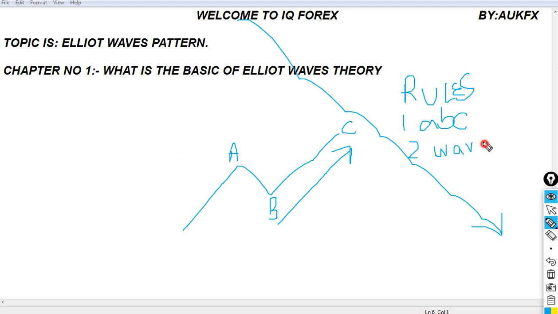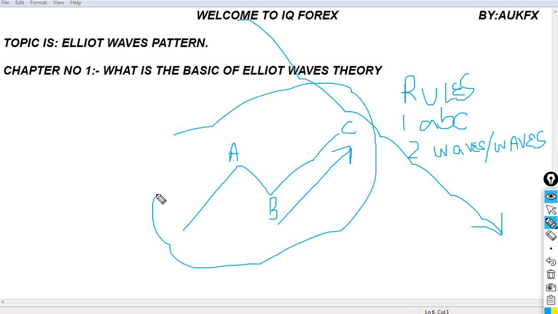I will find that it's truly waves in the waves, and whether the part I am expecting is truly a correction or not. So I will go more in depth and I will see, yes, there is a wave like this. We have micro waves in it, and yes, it's like A, B and C.